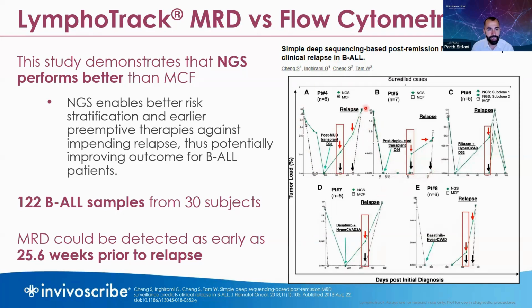However, when they went back and did a retrospective study in green, taking the time points and sequencing them with NGS, what they found was that they could actually detect that residual disease even when flow cytometry had been negative. And you can see they've highlighted here in this red box, with arrows pointing at it, cases where NGS detection was positive for MRD, but flow cytometry was negative, and cases where this could have helped to predict relapse earlier.